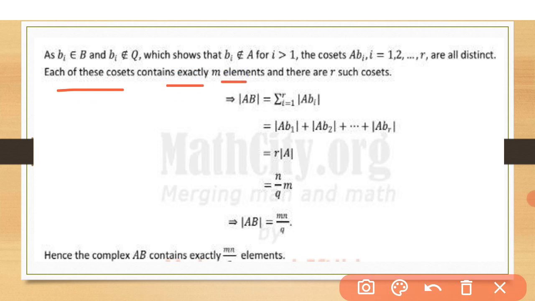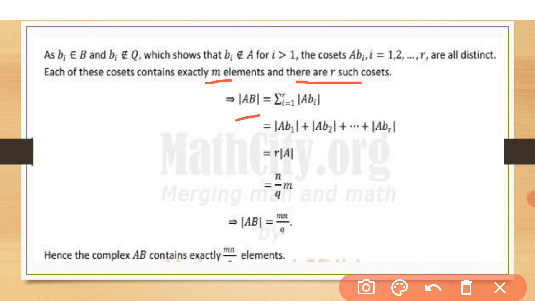Because the order of A is m, it means that when one multiplies all the elements of A by Bi, it becomes m elements, and there are r such cosets.